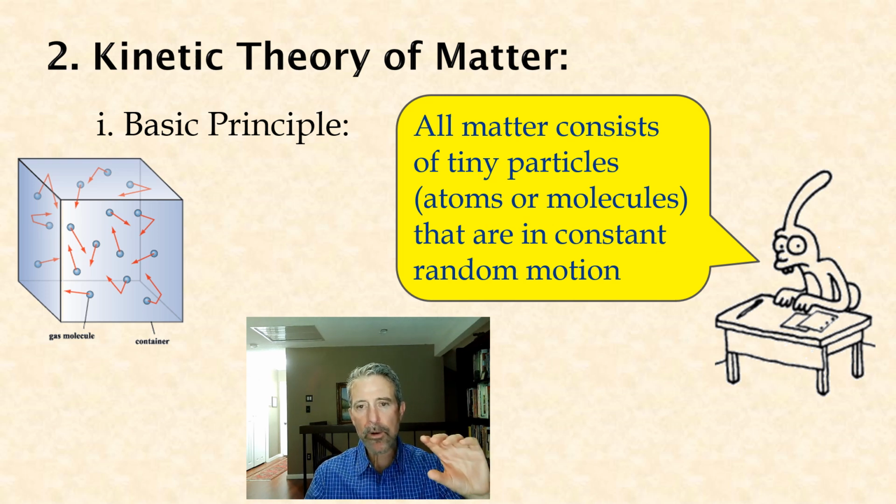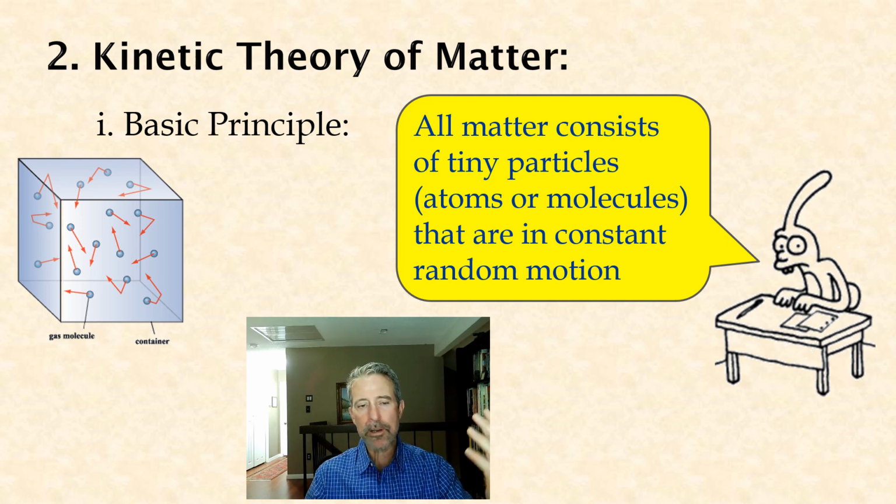The red arrows you see for each of the gas particles represent velocity vectors, showing that they are all in motion. If you take a look at the velocity vectors a little closer, you'll notice that all of these particles are moving randomly in different directions.